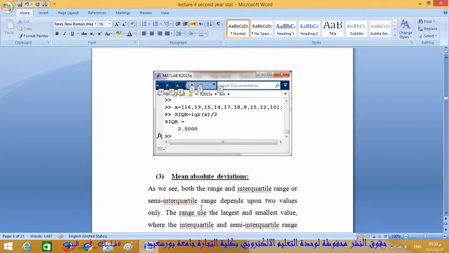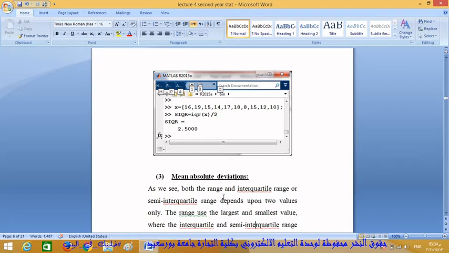Number 3, the mean absolute deviation. As we see, both the range and the interquartile range or semi-interquartile range depend upon only two values. The range depends upon the largest value and the smallest value, but the interquartile range and semi-interquartile range depend upon the third quartile and the first quartile.